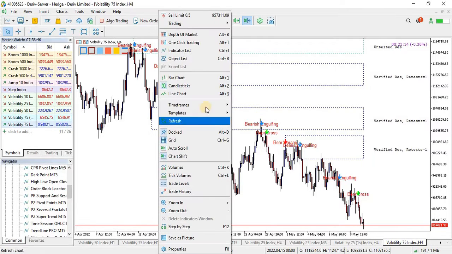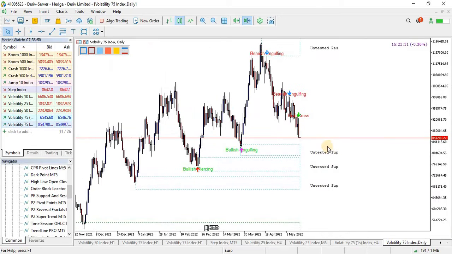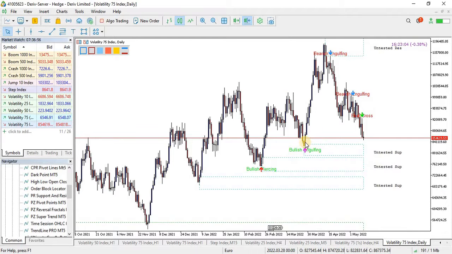So let me see if I go to a higher time, to the daily. Okay, on the daily I see there is a support area, a support area with an engulfing candle that correlates with the trend line that I had here.